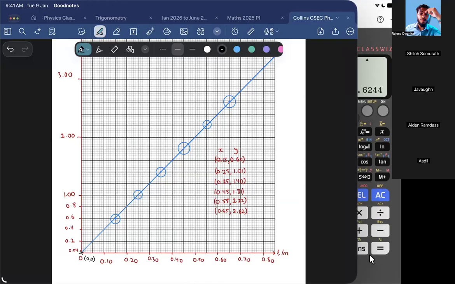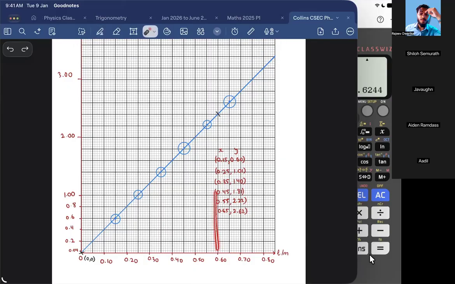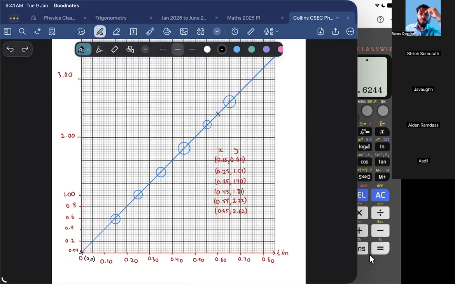We have plenty of nice points. 0.60. 0.60 what? 2.4. Well, I agree with someone. He's saying 0.60, 2.40. Yeah, I would agree.